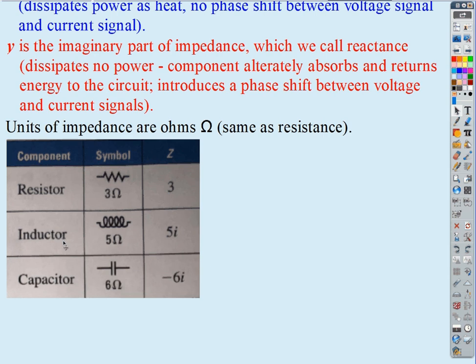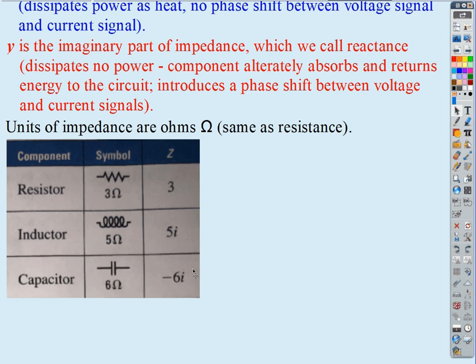The inductor, whatever the impedance is, the complex impedance is going to be that value times i. Okay, so it's going to be imaginary. And then for the capacitor, whatever the impedance of the capacitor is, it's going to be the opposite of that value times i. So if the capacitor has an impedance of 6 ohms, then its complex impedance is negative 6i.